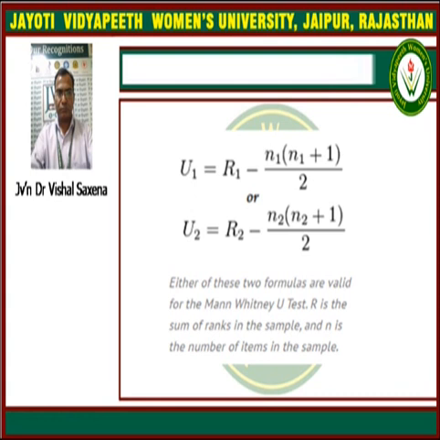Either of these two formulas is valid for the Mann-Whitney U test. What is R and small n here? R is the sum of ranks in the sample, and n is the number of items in the sample. So n shows the number of items in the sample, while R shows the sum of the ranks in the sample.